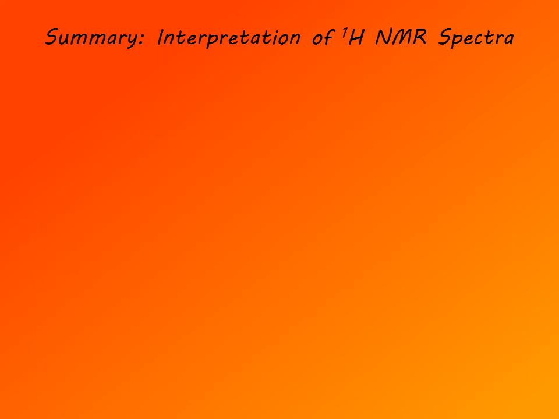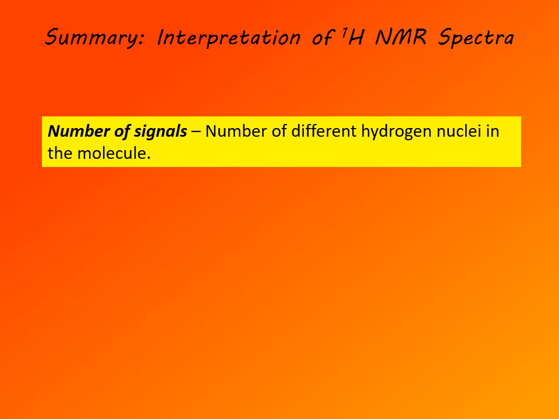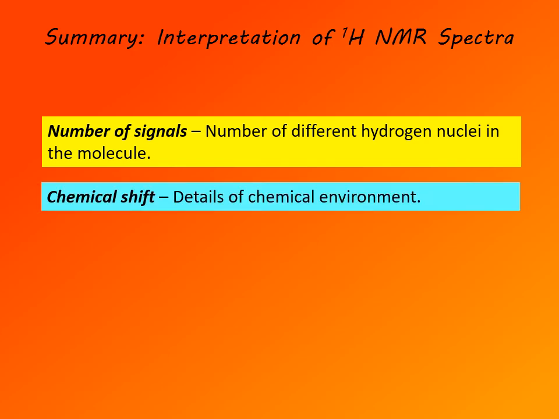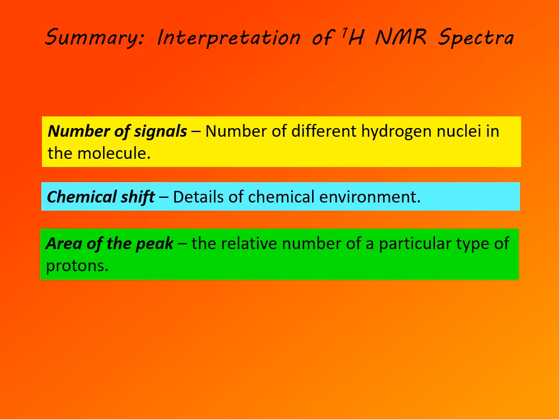In summary, this is the information we can obtain from a proton NMR spectrum. The number of signals in the spectrum tells us the number of different hydrogen nuclei in the molecule. Chemical shift tells us details of the chemical environment of each type of proton. The area of the peak gives us the relative number of a particular type of proton.